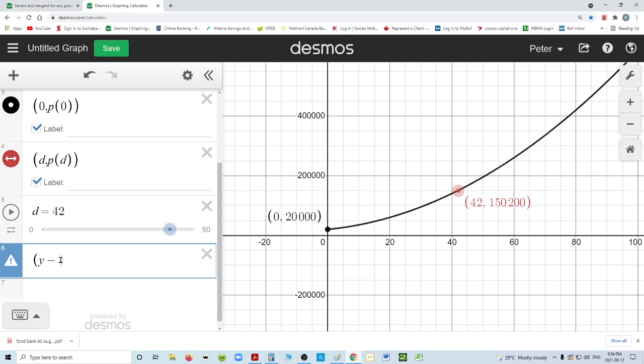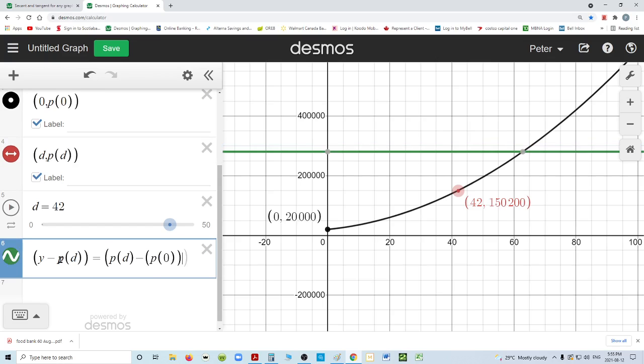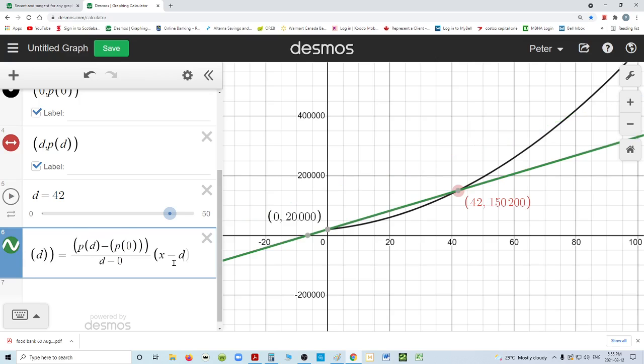Y minus p of d is equal to the slope, oh man, open brackets, p of d minus p of 0, close brackets, divided by d minus 0 times x, and it's going to be x, actually, yeah, x minus d, I think, times x minus d. There we go. Now, that was complicated. If you can follow that, great.